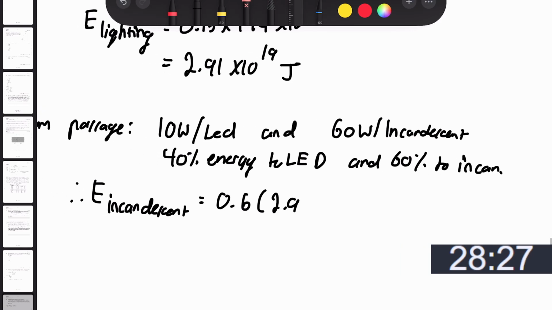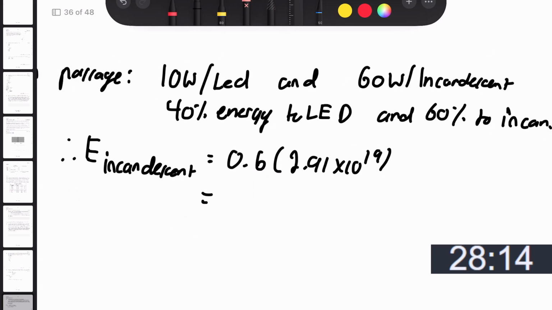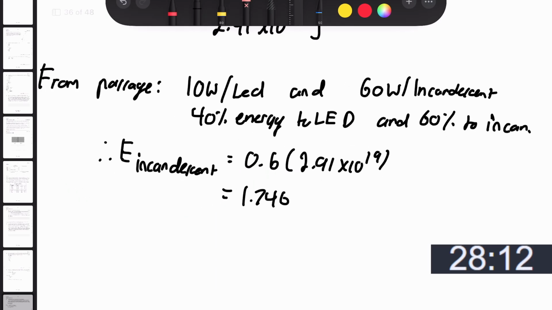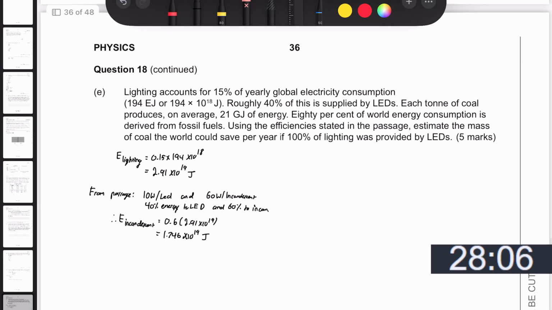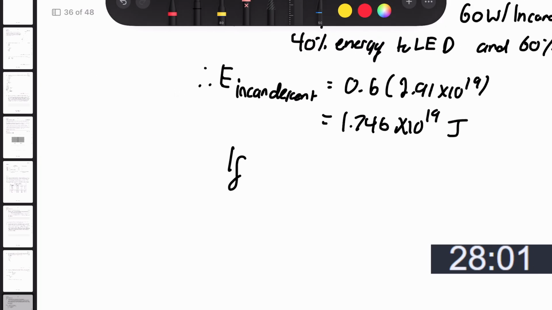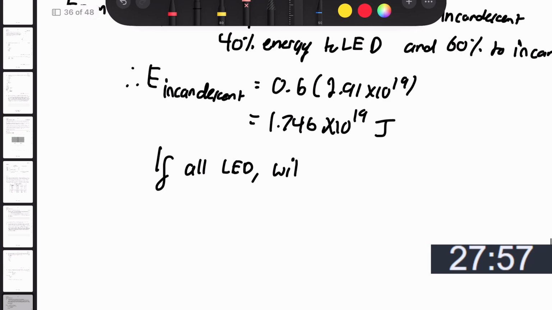0.6 of 2.91 times 10 to the 19. Come on, calculator. So 1.746 times 10 to the 19 joules. If we use LED, we'll save.